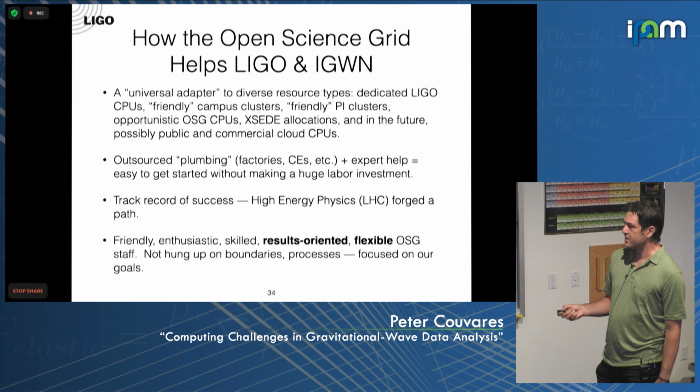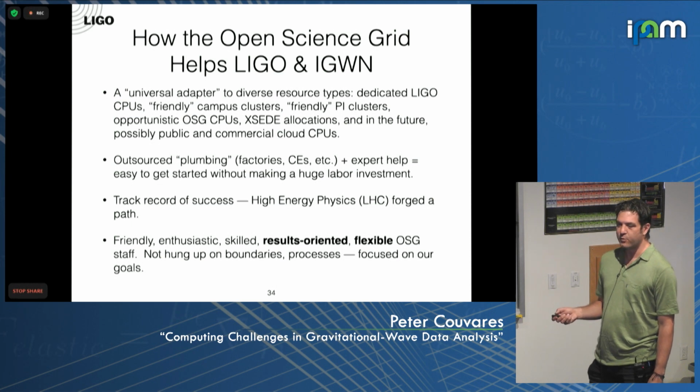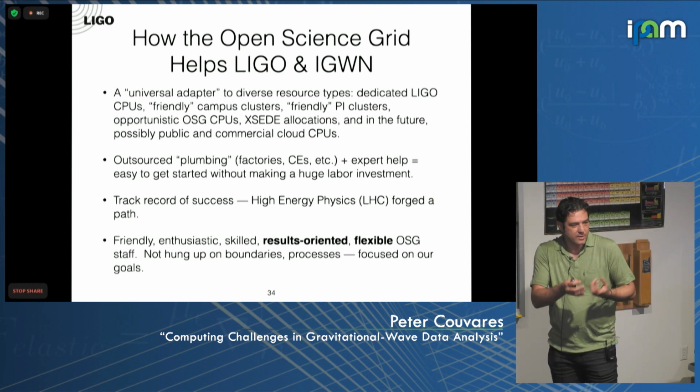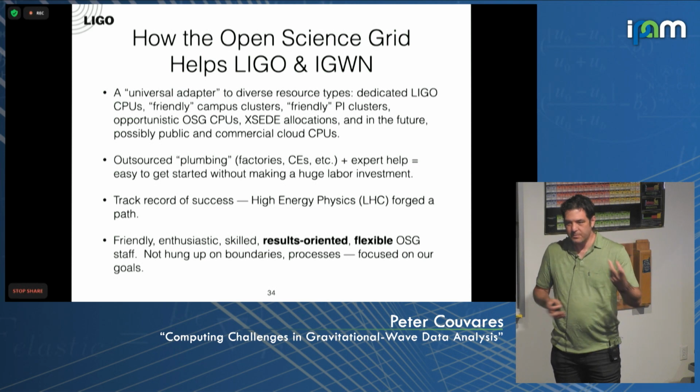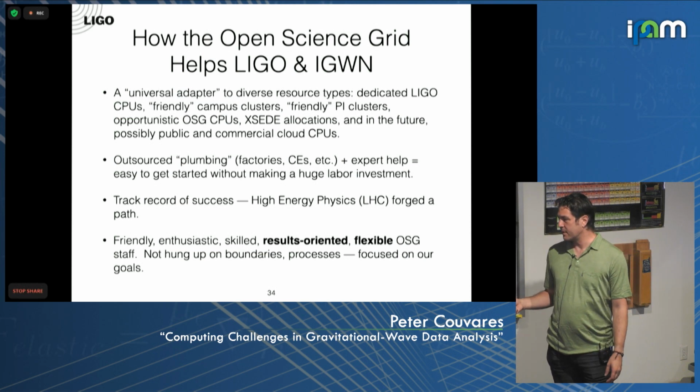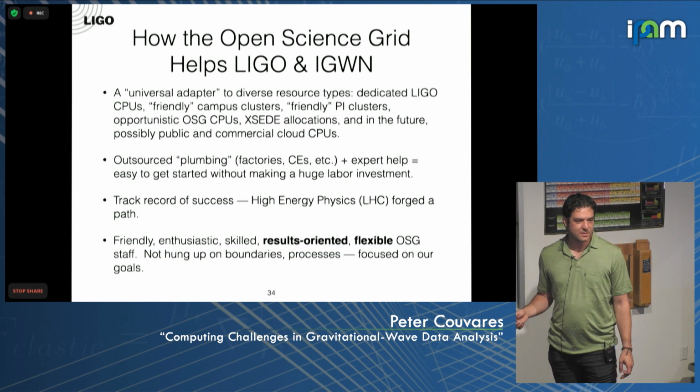And OSG is an interesting thing because it's both a software stack. It's a bunch of infrastructure software that manages these batch systems and data movement. But it's also a collection of people that provide expert help. They're really domain experts in heterogeneous computing and distributed computing.